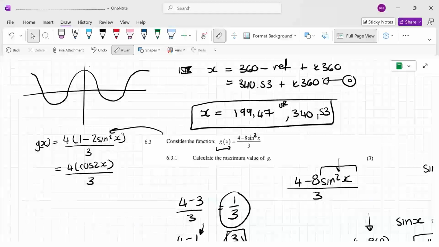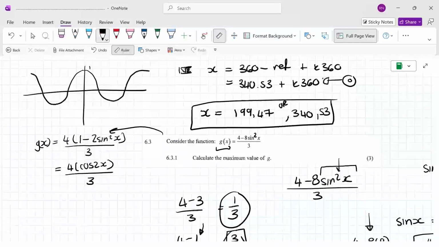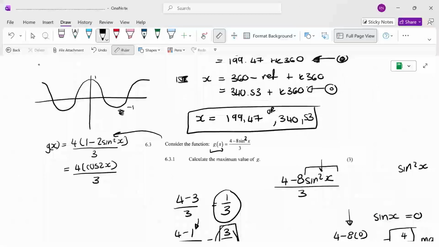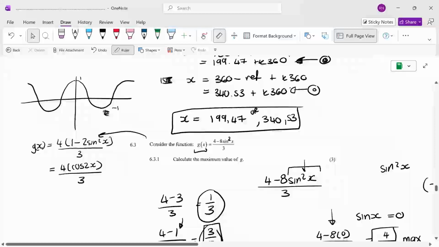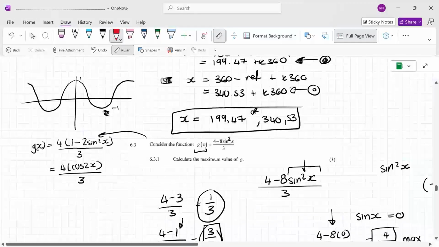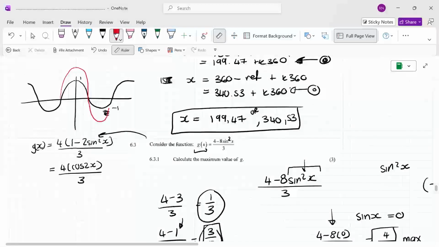With the maximum at 1 and the minimum at -1. If you scale it up, so now it's a cos 2x function, it's not going to be double the size. The amplitude is going to be double, right? So now it's going to be like that, right?